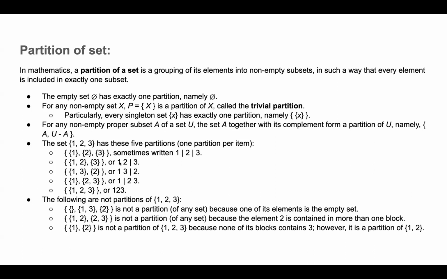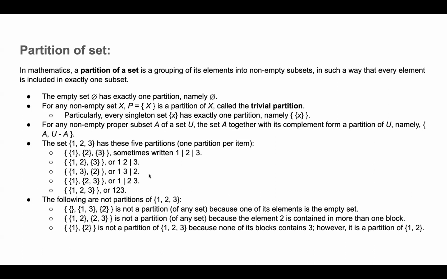Then {1, 3} and {2}. Again here we can see {1, 3} is given at the start, 1 and 3. No partition is here because they come in a single set only.